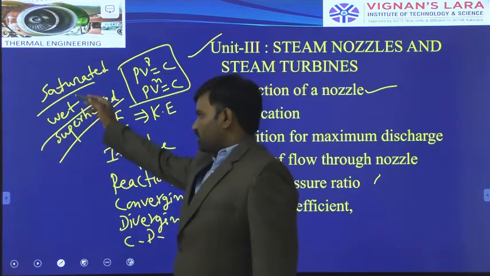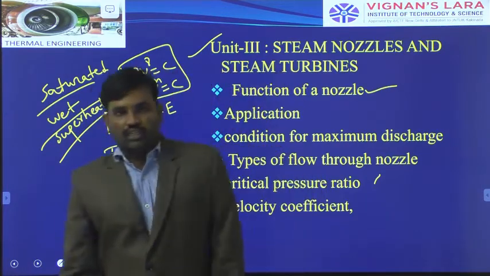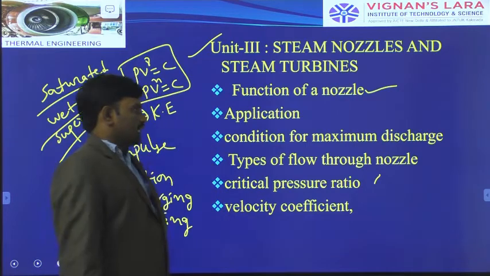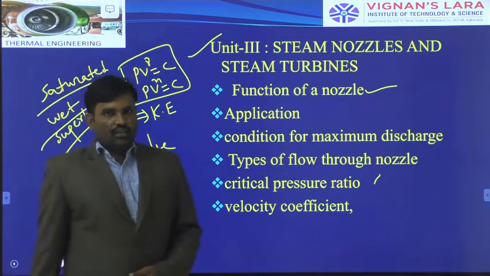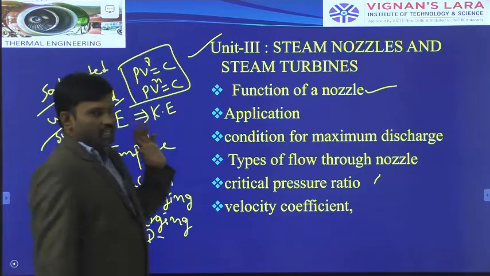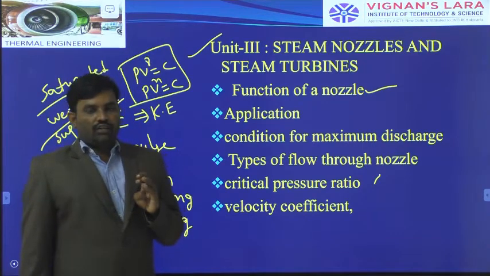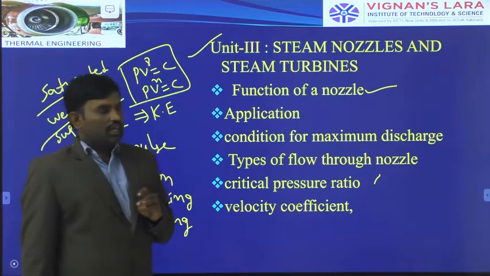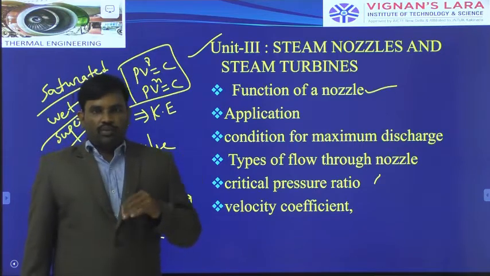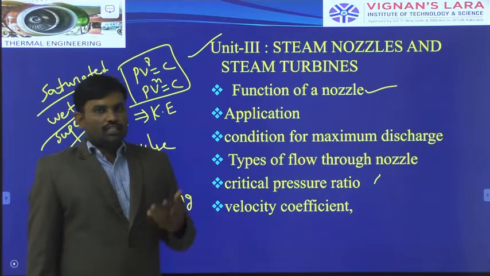These three different types of steam we introduce into the nozzle, and from the nozzle we get different velocities of steam. At inlet the pressure is higher and velocity is lower, and at the exit of the nozzle pressure is lower and velocity is higher.